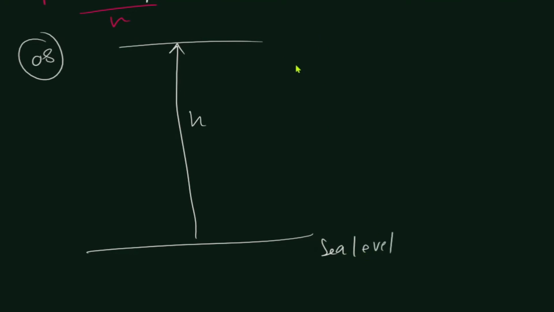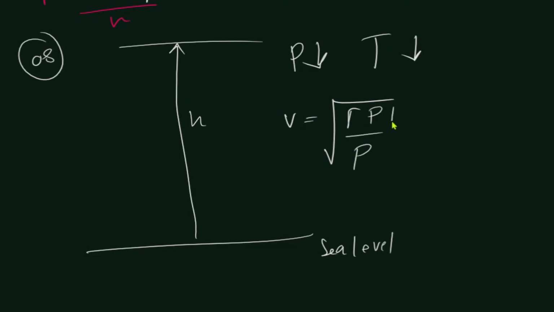The pressure will decrease, obviously you know that, and the temperature will also decrease. So you might say, according to gamma P over rho, pressure decreases, so therefore you might think velocity decreases.